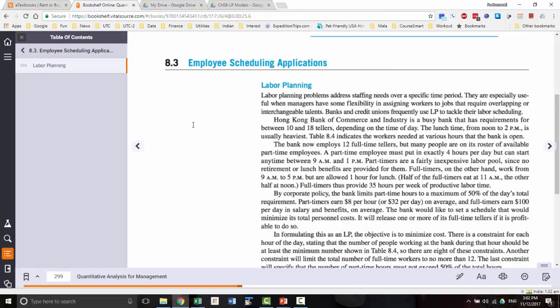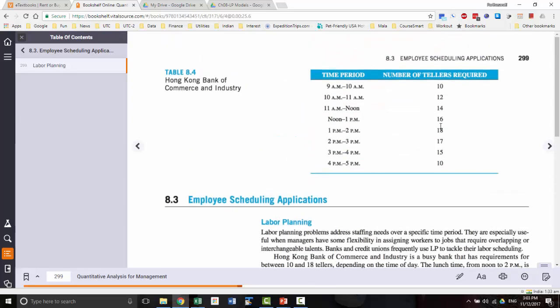So here this is a bank, and the bank has tellers that we want to schedule. The requirement for how many tellers we need varies based on time of day, and that's given here starting at 9 a.m. for every hour.